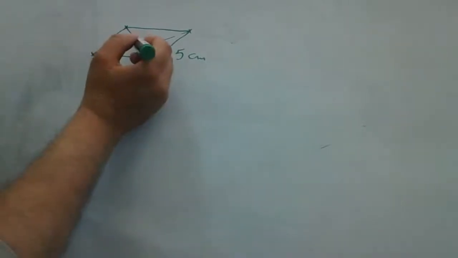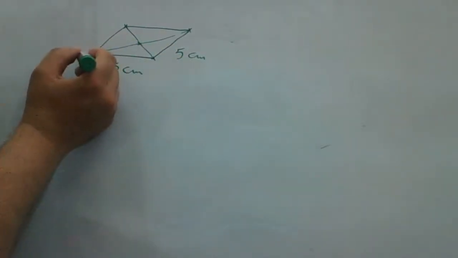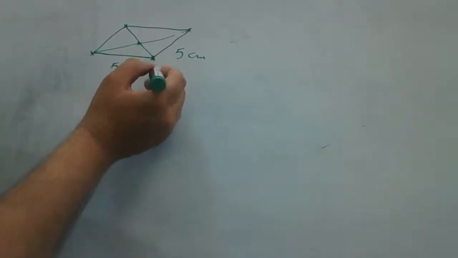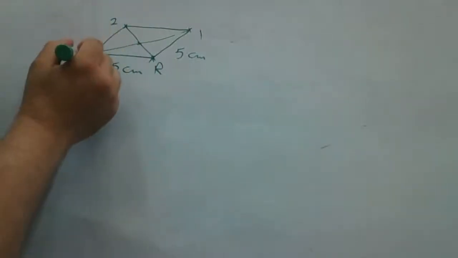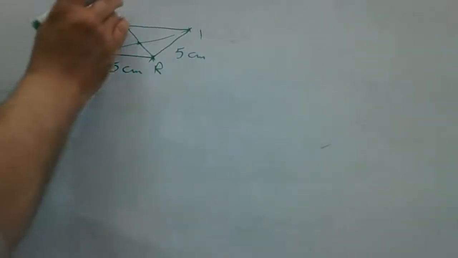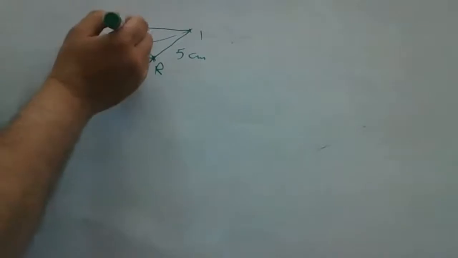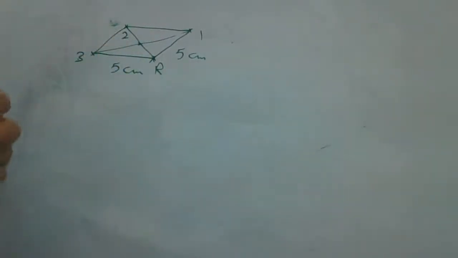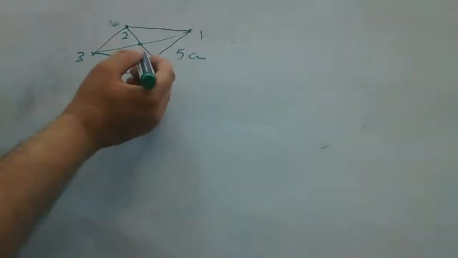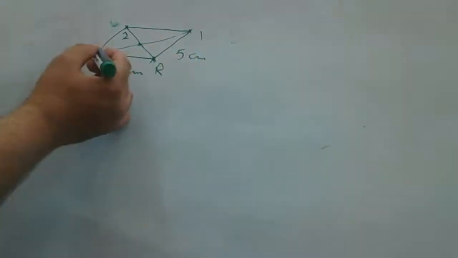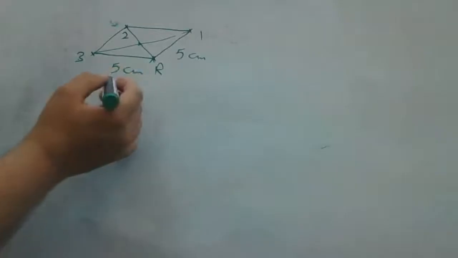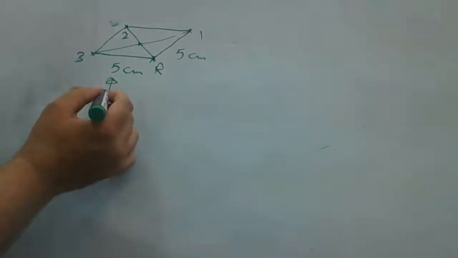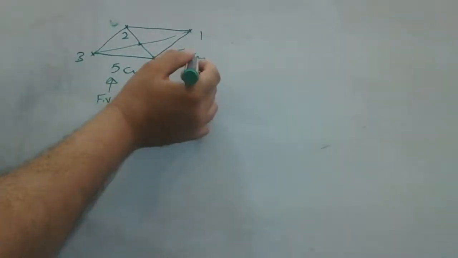Then from the center of the basement, assume here we have point R as we did before, 1, 2, 3. Okay, R, 1, 2, 3. Now, this is the width of the pyramid and this is the depth of the pyramid. From here we can see the front view, from here the right side view, and the top view.